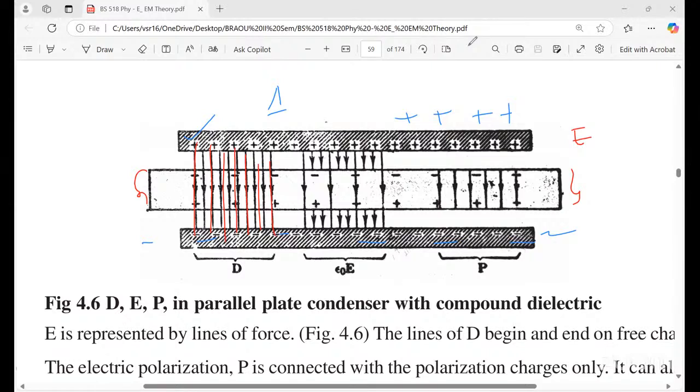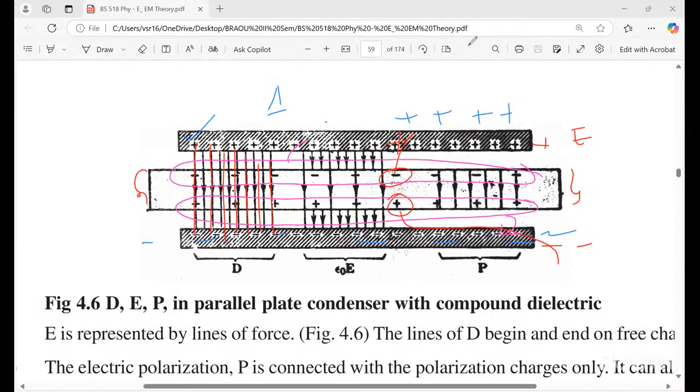The upper portion is a positive charge and the lower bottom is a negative charge. So these plus charges are attracted toward the negative plate and negative charges are attracted toward the positive plate. That's why you can see the alignment, toward the positive and the plus alignment toward the negative. Is it clear?